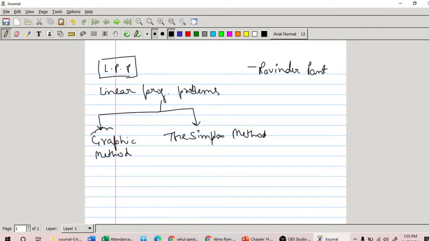We have already studied the graphic method. Today we will learn about the simplex method.